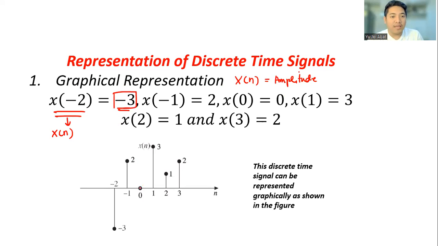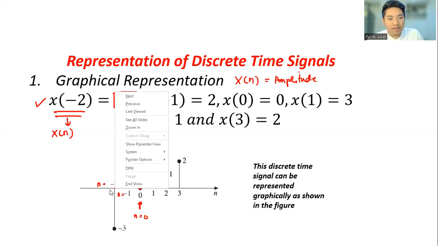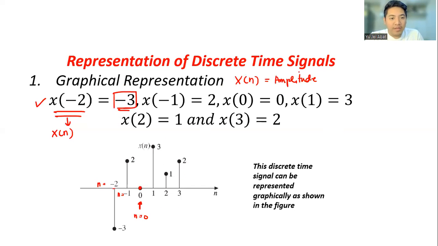Taking n equals 0 as our reference, you also have n equals -1 and n equals -2. If we represent the signal x of -2 with a value of -3, it means the position is -2 of the n, and its amplitude is -3, so we will have this kind of signal here for the position x of -2.